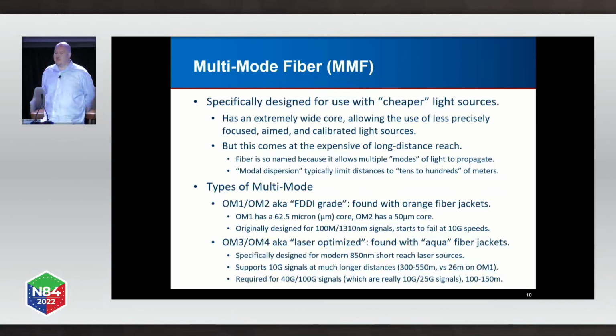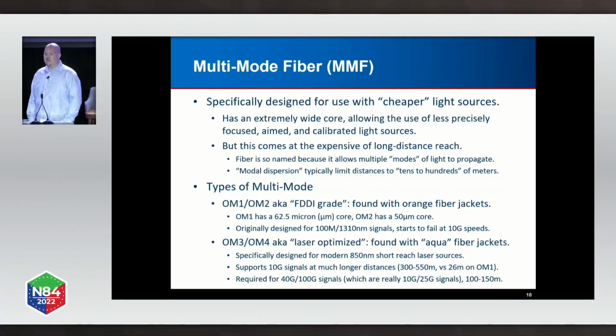Because the core is so wide, the signal will bounce around and you'll get what's called modal dispersion, modal distortion. So you limit your distance from thousands of kilometers down to tens of meters potentially, but it lets you use these very cheap optics. Interestingly, the fiber itself is actually more expensive. Multi-mode fiber is more expensive than single mode, but the optics you get to use are much cheaper.